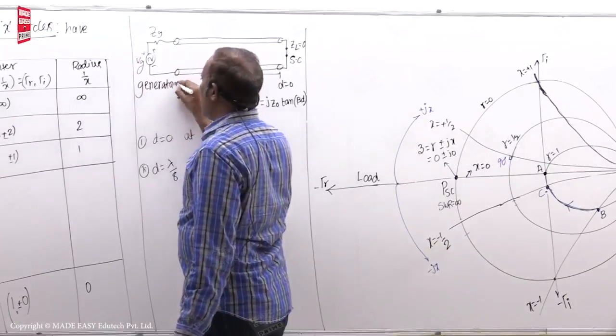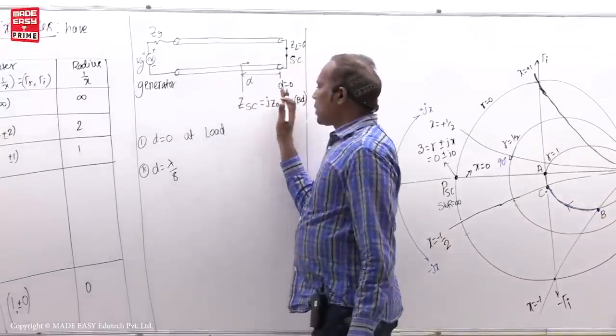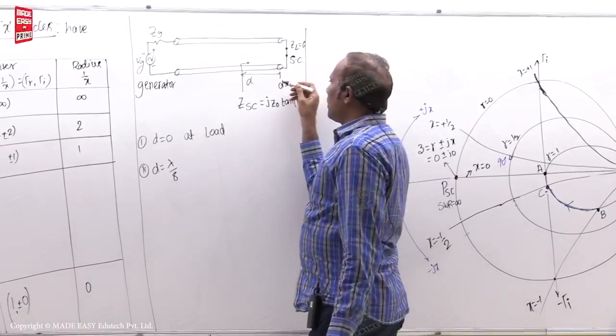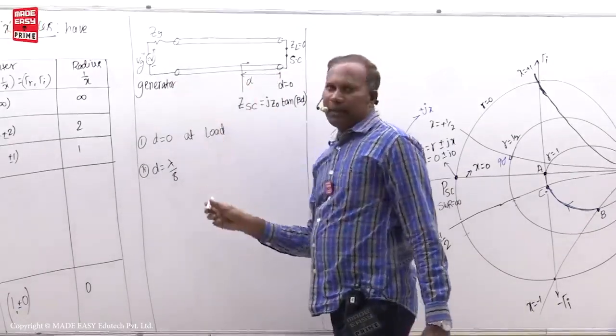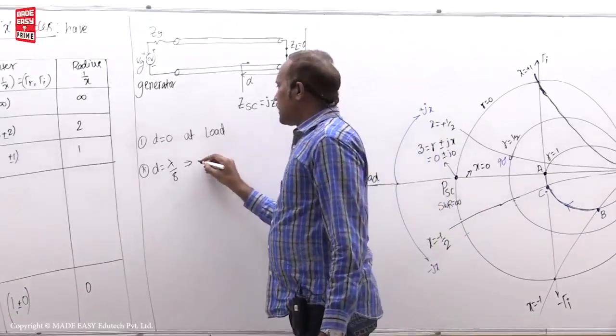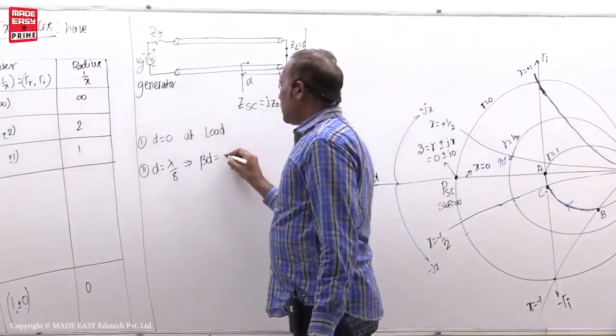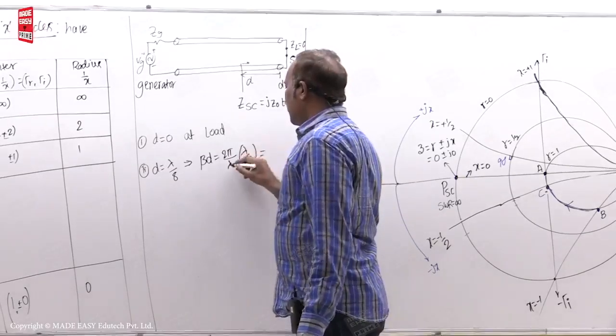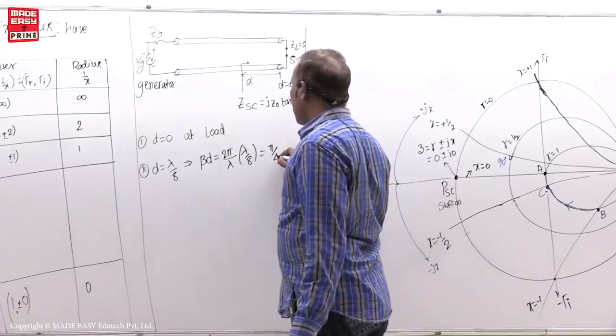And D0 means at load. D is equal to lambda by 8 means you are coming from load towards generator. Now that implies beta into D is equal to, beta is 2 pi by lambda, D is lambda by 8. So lambda lambda cancel, you get pi by 4.